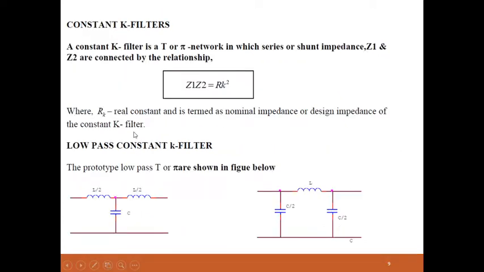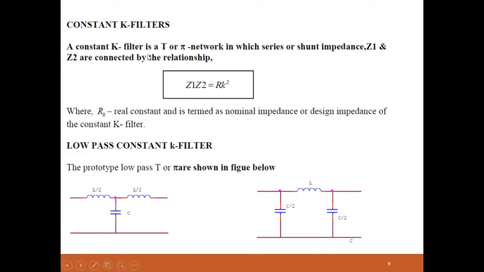Next, based on the filter characteristics, that is the propagation constant, phase shift constant, and the cutoff frequency, constant K filters are designed.